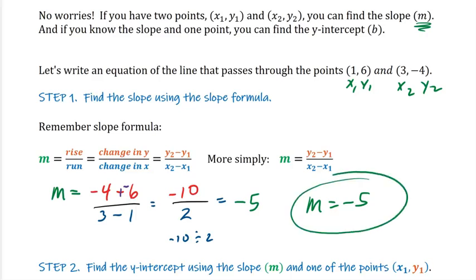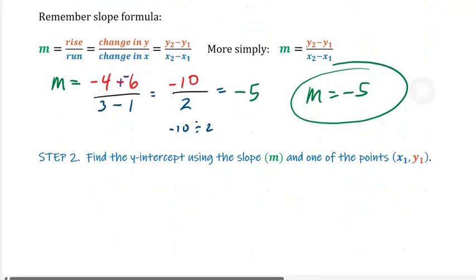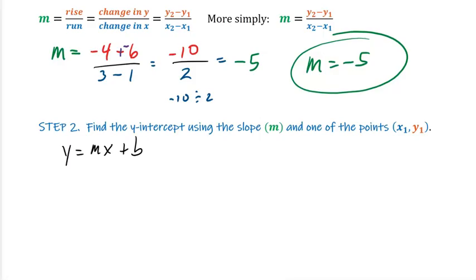Sweet. Now that we have that information, we can use it to find the y-intercept. We're going to use one of our points, and we're going to use our slope. So we're going to write the slope-intercept form, y equals mx plus b. Now, we can use a y and an x.